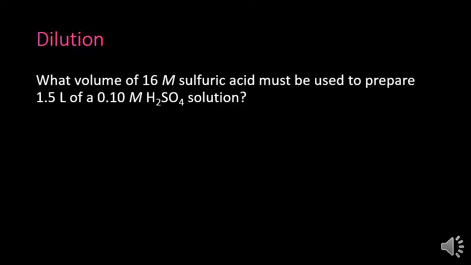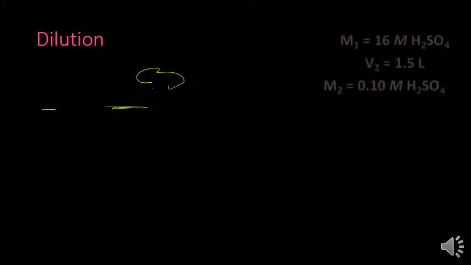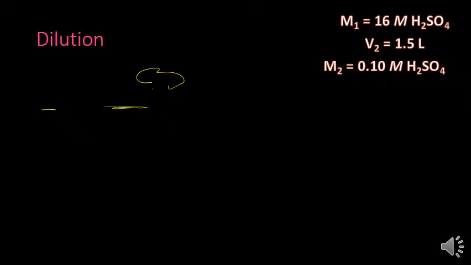We have a 16 molar sulfuric acid solution that we need to dilute so that in the lab we can have this molarity, and I need this much of it to run the lab. So I like to get rid of all that word stuff and write down what I have. And if you recall, the formula is M1V1 equals M2V2. And I'm not even going to write units. I'm just going to plug it in.